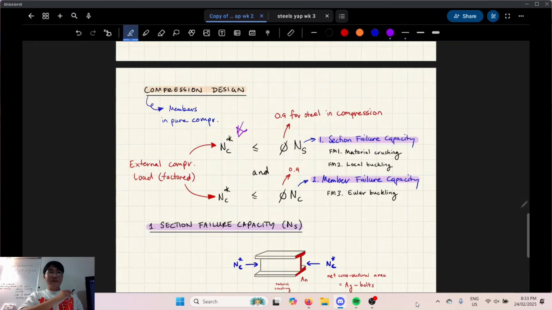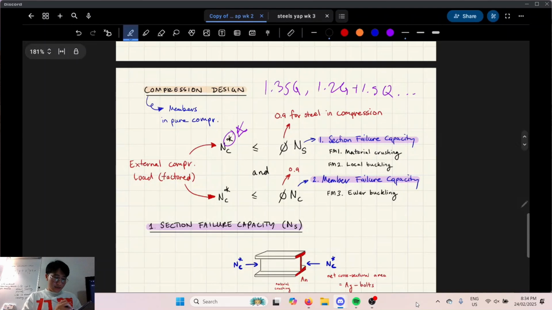N means axial, the compressive force that's factored, factoring being the star. This assumes we've already applied our 1.35 G, 1.2 G plus 1.5 Q, and whatever other wind cases you have in mind, like 0.9 W plus 1.2 G. Make sense?